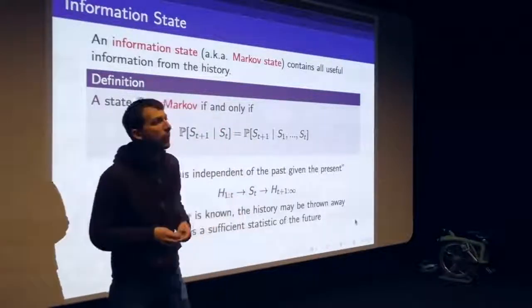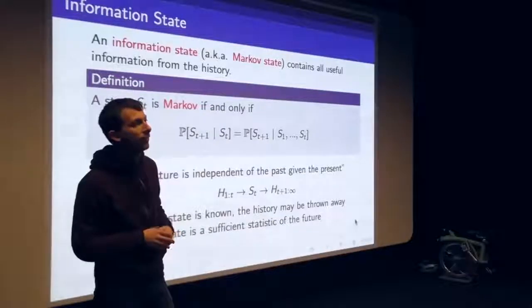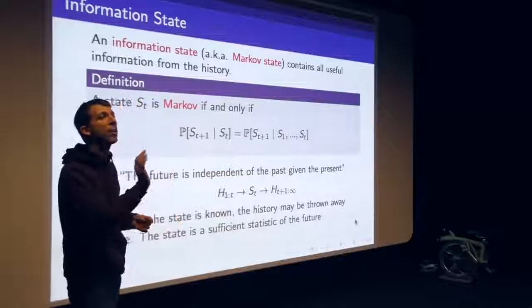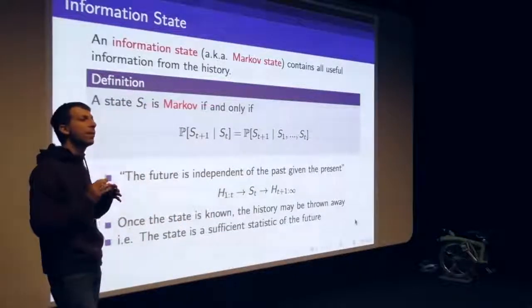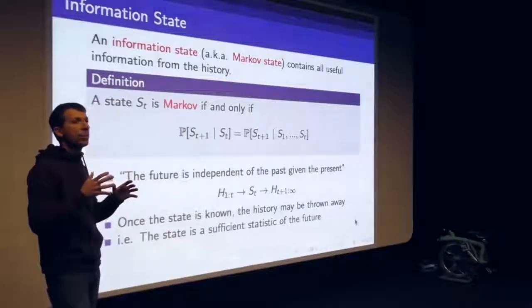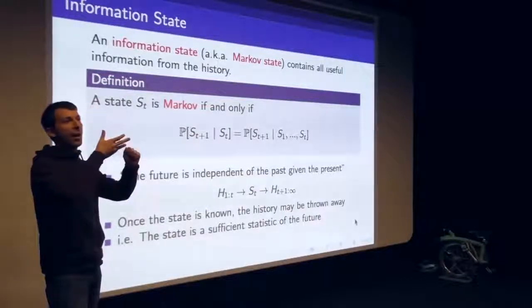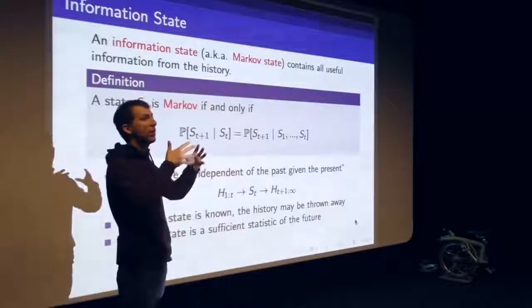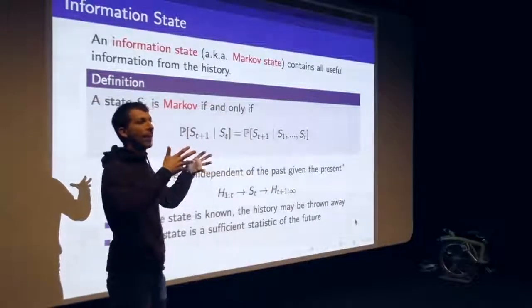Yeah. In your example of a helicopter, for instance, clearly where it goes next depends on where it was before. Okay, so the question was, how does this fit in with the helicopter example? For the helicopter example, a Markov state would be roughly the current position, velocity, angular velocity, and angular position of the helicopter.